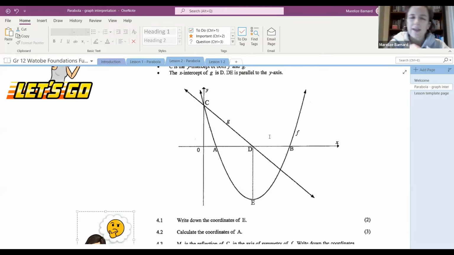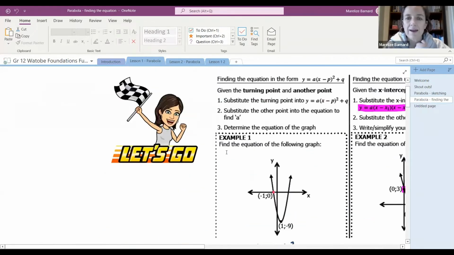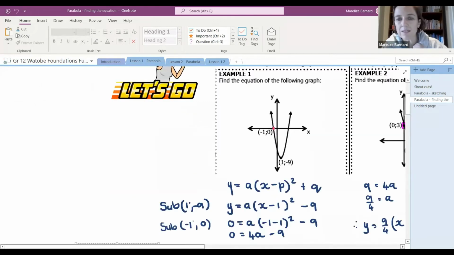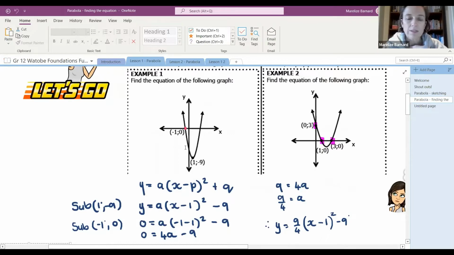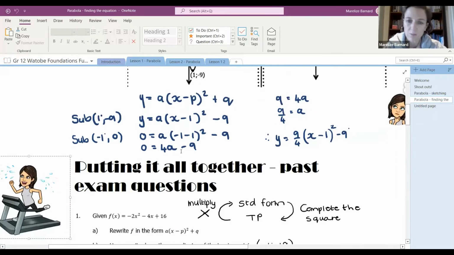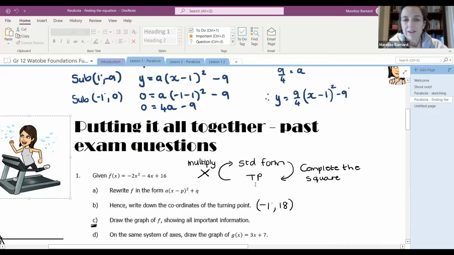On Tuesday, especially for our newbies, we did sketching parabola, we did finding the equation of parabola, and we did completing the square to convert from the standard form of the parabola to the turning point form. We spent quite a lot of time focusing on that because that's a key skill.